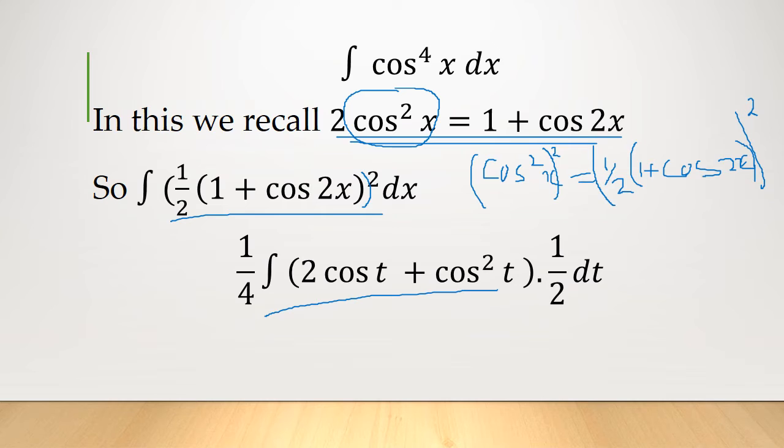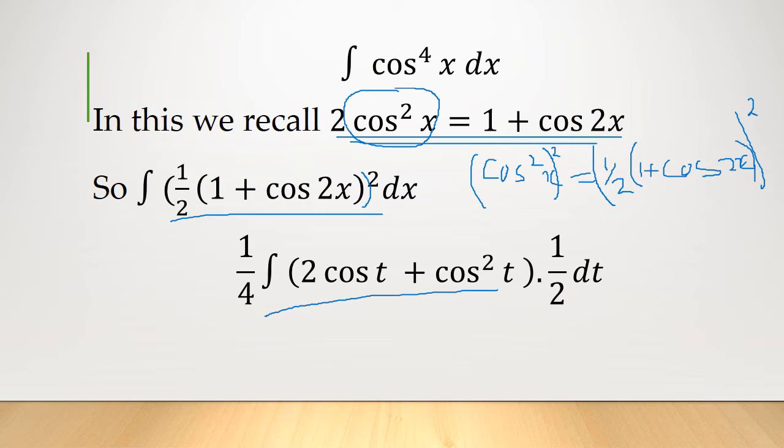So if I look clearly here, cosine squared x is the same as 1/2 of (1 plus cosine 2x).